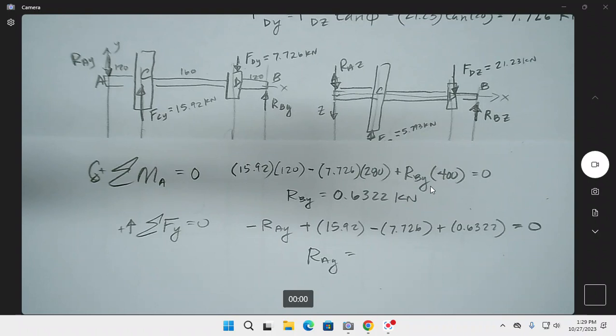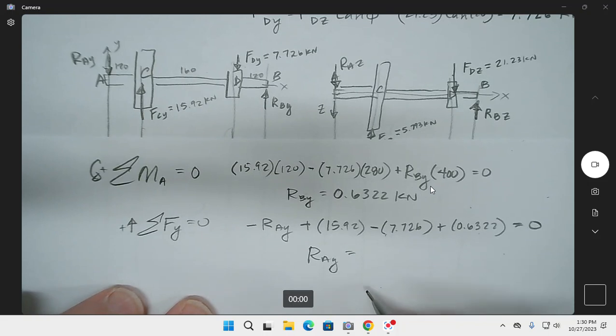So we're going to get 15.92. I'm going to add it to that, and I'm going to subtract out that. Yeah, and I get 8.826. Boy, that doesn't seem right to me. Nope, got the same thing before. All right, must be right. Interesting.